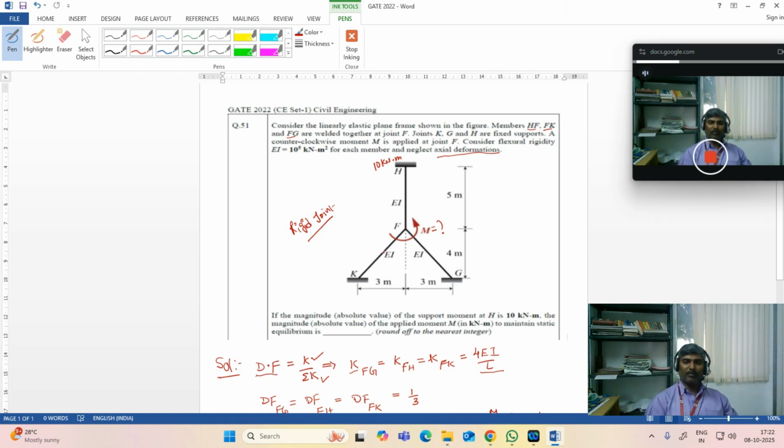For all members the far ends are fixed, so all three members have the same end condition, so 4EI by L.